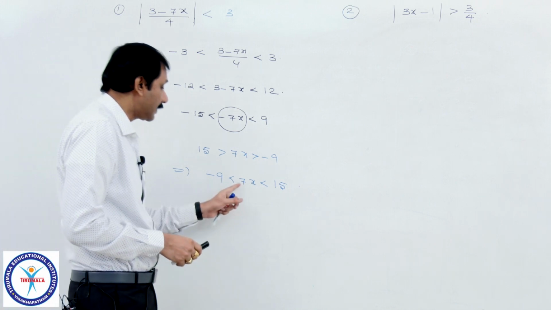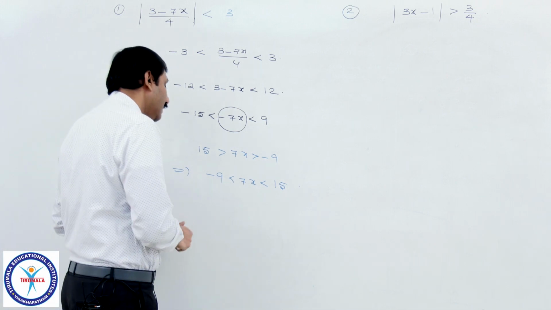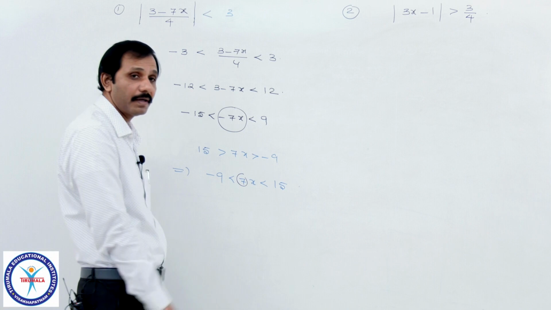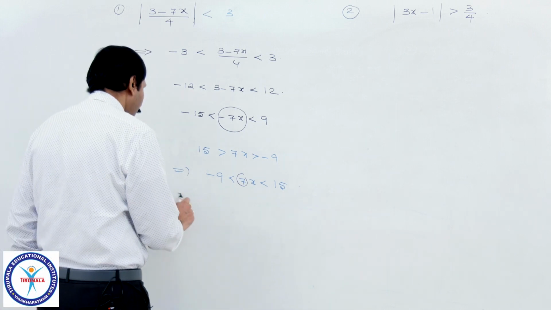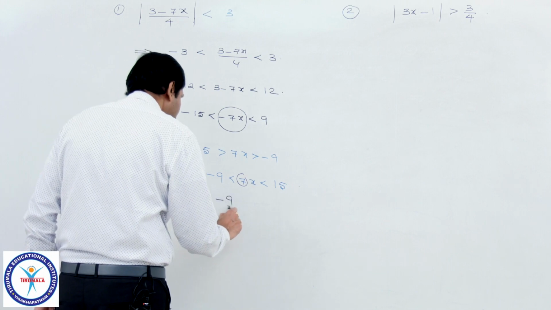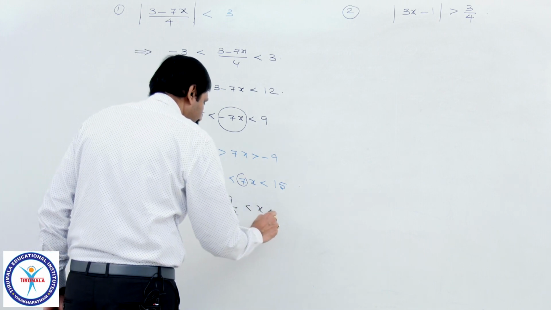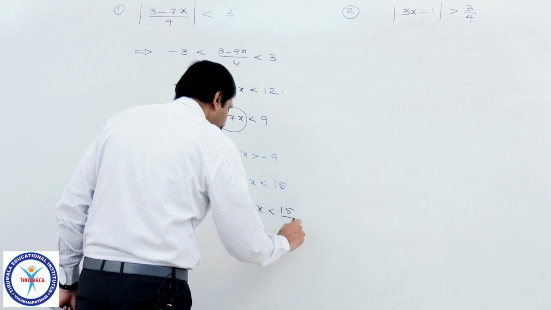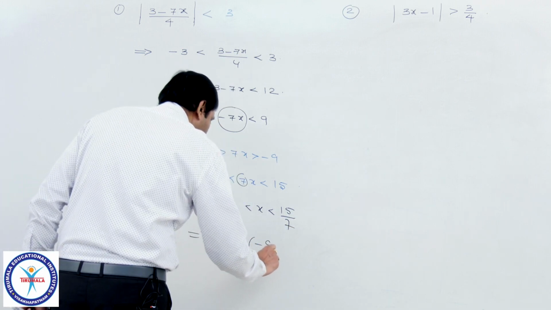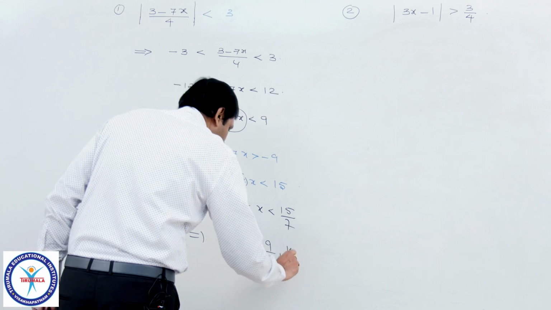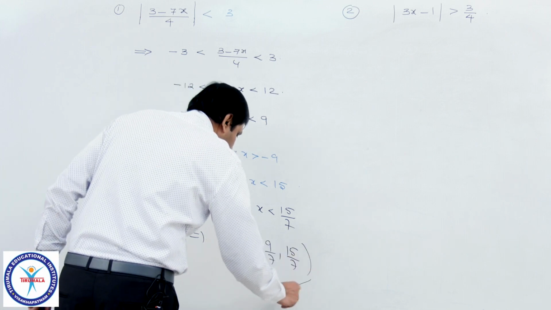Now observe again, now 7x is there, not x. Because 7 is a positive real number, I will multiply with 1/7, which is positive. Now what will it become? −9/7 < x < 15/7, or that implies x belongs to the open interval (−9/7, 15/7).